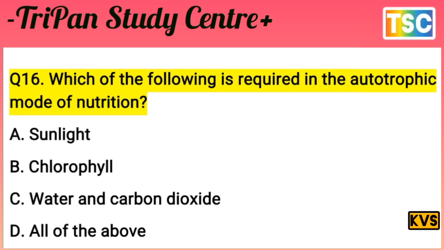For example, plants on the land and algae in the water. Sunlight, chlorophyll, and water and carbon dioxide are all needed here. It means option D, all of the above, is correct. All of these are required for an autotrophic mode of nutrition.